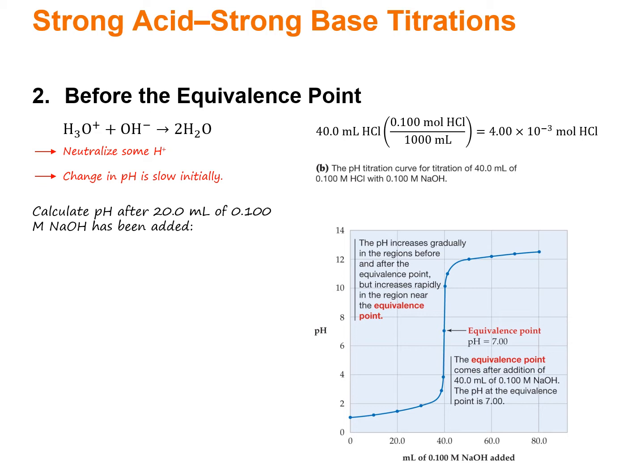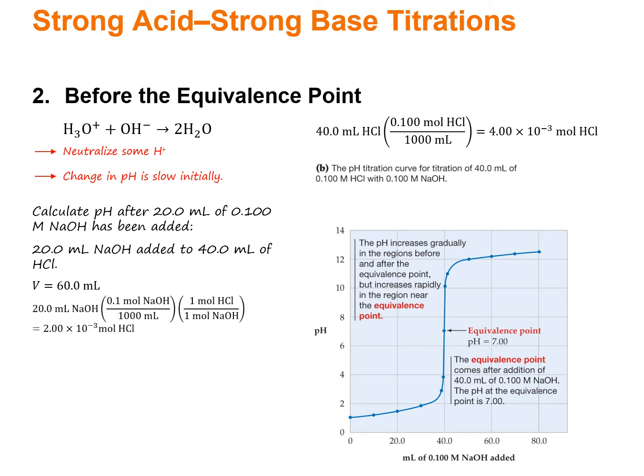First thing is, if we're adding 20 milliliters to the 40 milliliters of HCl, we need to realize that our new volume is going to be 60 milliliters. We'll have to keep track of that as we calculate the pH at different places on the curve. So 20 milliliters of sodium hydroxide at 0.1 molar is going to yield, after it reacts in a 1-to-1 ratio, 2 times 10 to the minus 3 moles of HCl reacted.